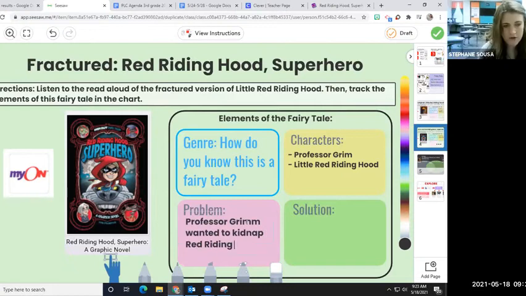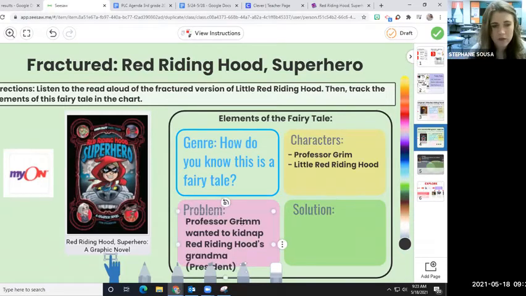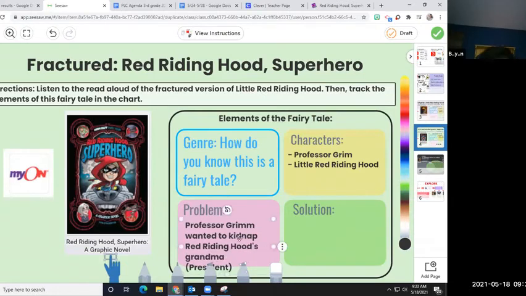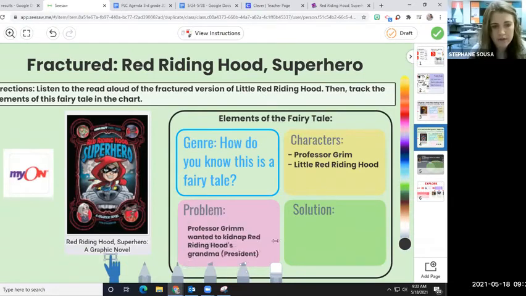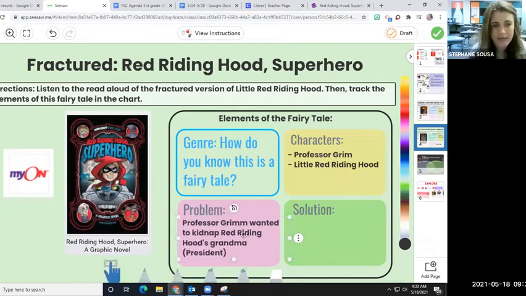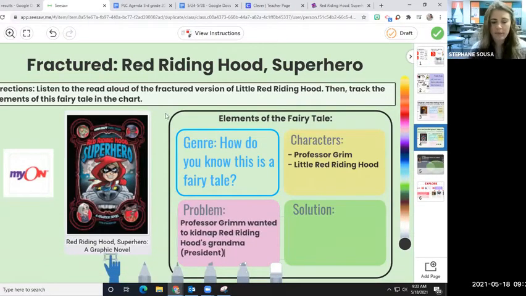Yes. Professor Grimm wanted to kidnap Red Riding Hood's grandma, also known as the president. Okay. That definitely sounds like an evil plan to me. So our good versus evil still holds true in this fractured version. Professor Grimm wanted to kidnap Red Riding Hood's grandma. That is also the president.